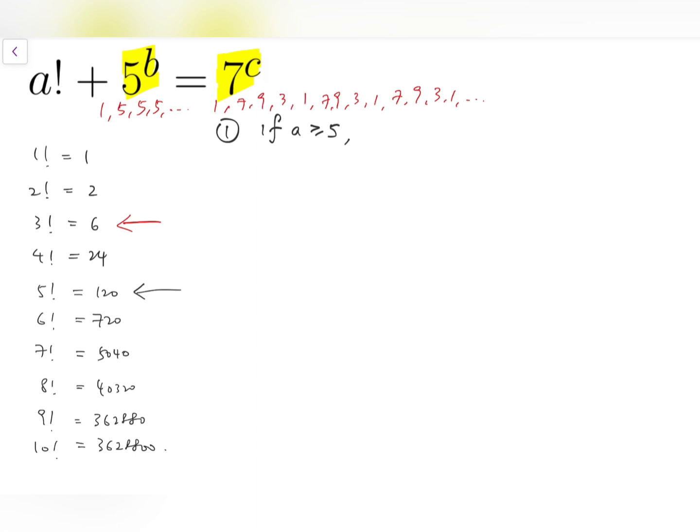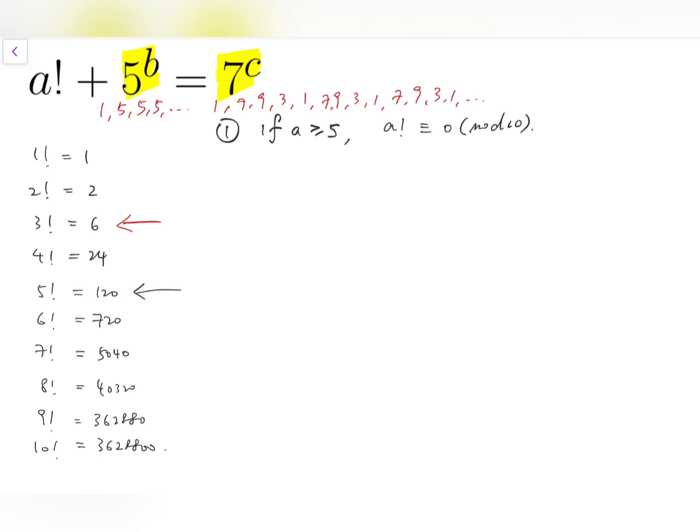Now if a is at least 5, then of course it ends with 0, but notice that because powers of 5 can only end with 1 or 5, the left hand side will only be either 1 or 5 mod 10, like the last digit is either 1 or 5. So if I write it out formally, it will be like this.